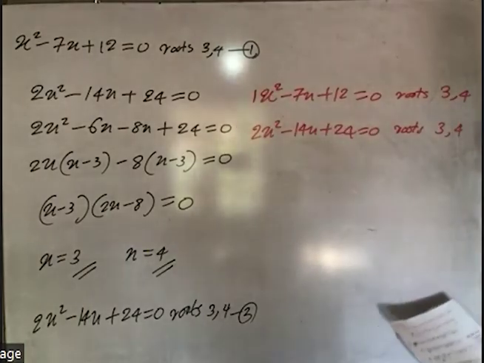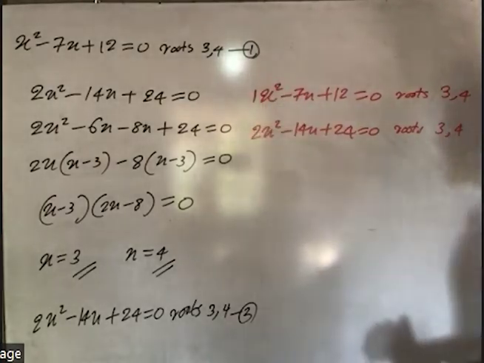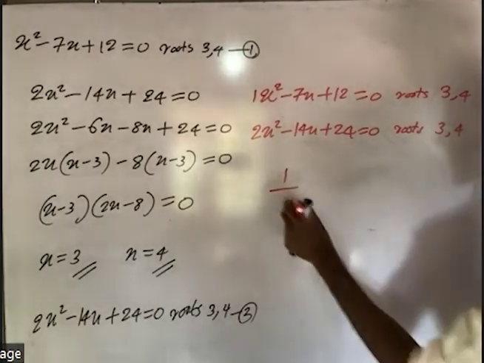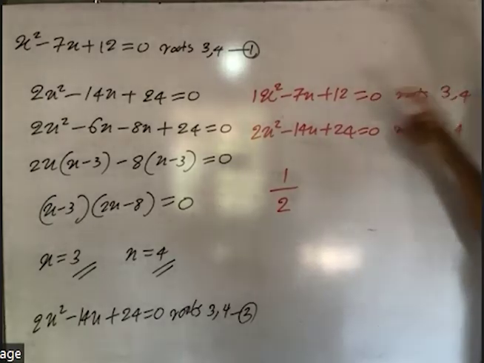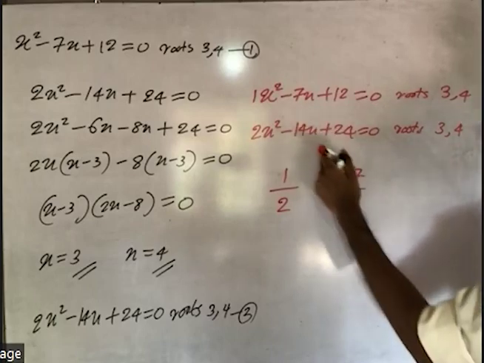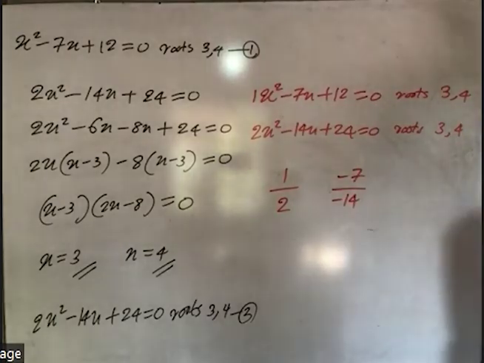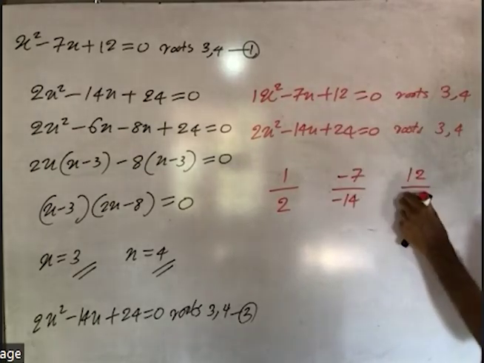The coefficient of x square term is 1 in the first equation. In the second equation, the coefficient of x square term is 2. That is half. In the first equation, the coefficient of x is minus 7. In the second equation, the coefficient of x is minus 14. In the first equation, the constant term is 12. In the second equation, that is 24.